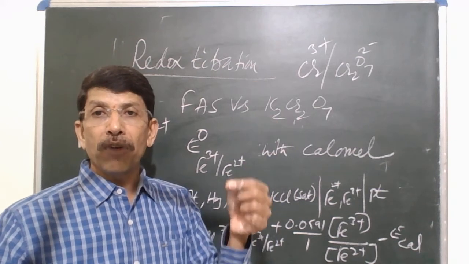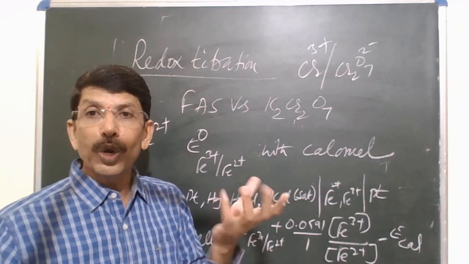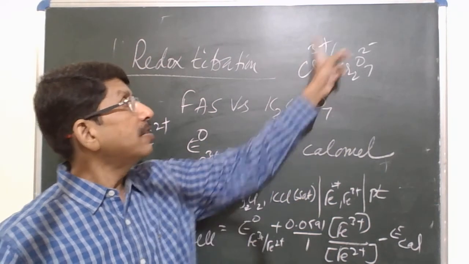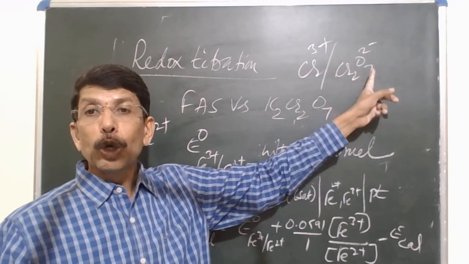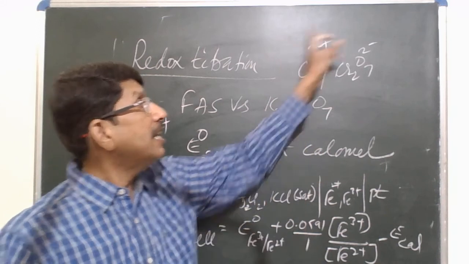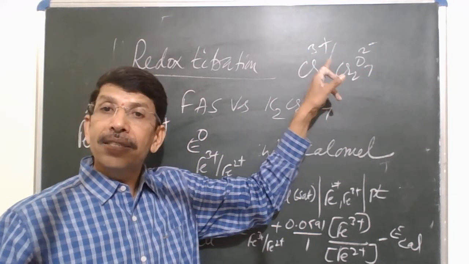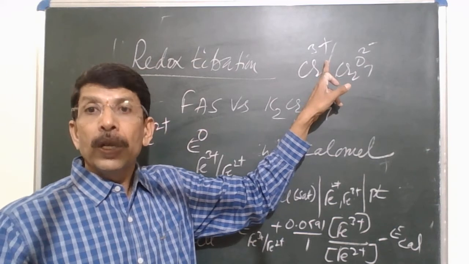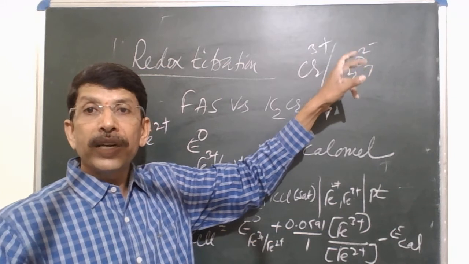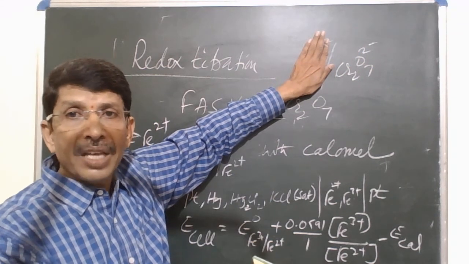So after the equivalence point, the next drop of dichromate added does not undergo any change. Now the Fe2+, Fe3+ redox system is changed to the Cr3+, Cr6+ ion ratio. The electrode potential after the equivalence point will be determined by this ratio, because Cr3+ ions are already present, and if you add more and more dichromate ions, this remains constant because no Fe2+ ions are present.